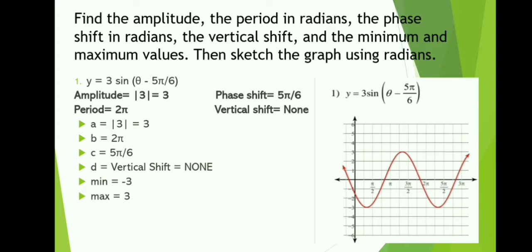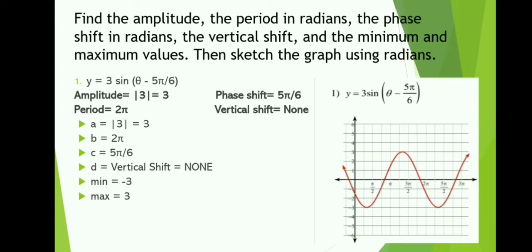Wala may value ang b, so ang value is atong i-substitute into 1. So mahimo na siyang 2 pi over 1. Then 2 pi divided by 1 equals 2 pi. So mao na siya atong period in radians.